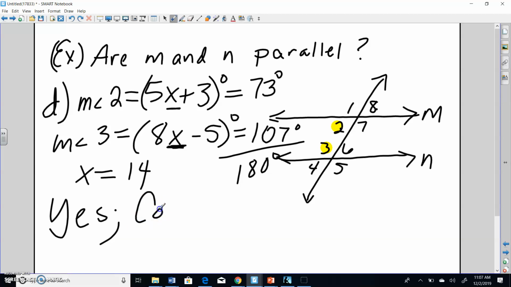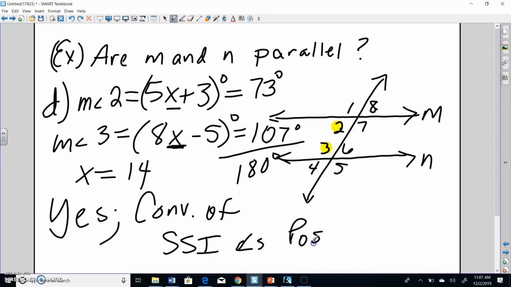So we are going to say by the converse of the same side interior angles postulate. Hopefully you're writing it neater and better than what I am on this. Converse of same side interior, SSI, not ISS, SSI angles postulate. Okay.